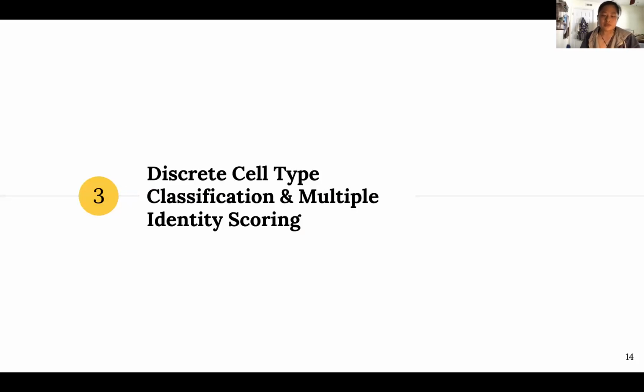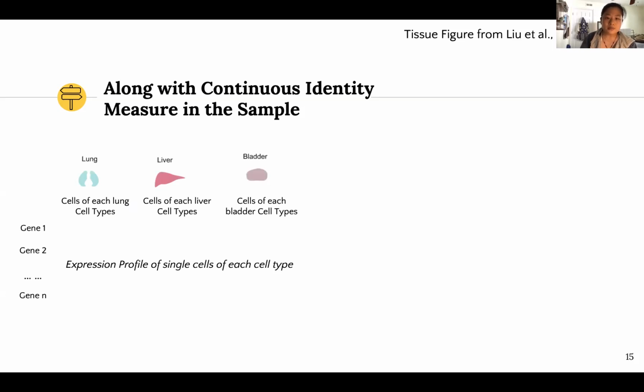Moving forward, using this continuous identity score measuring, we are going to perform discrete cell type classification and multiple identity scoring. Along with that continuous identity measure in the sample, we also perform a continuous identity measure in the reference.